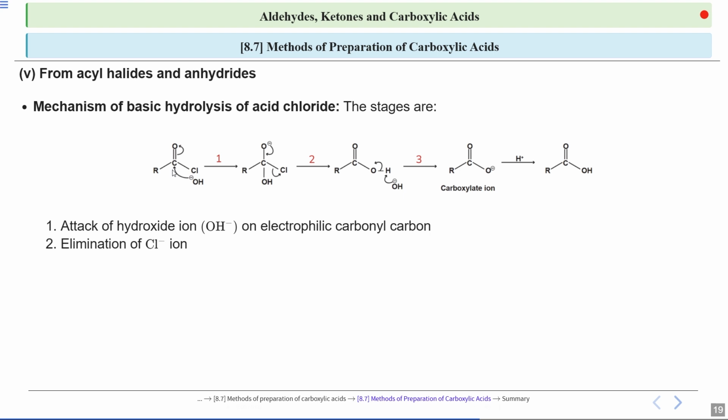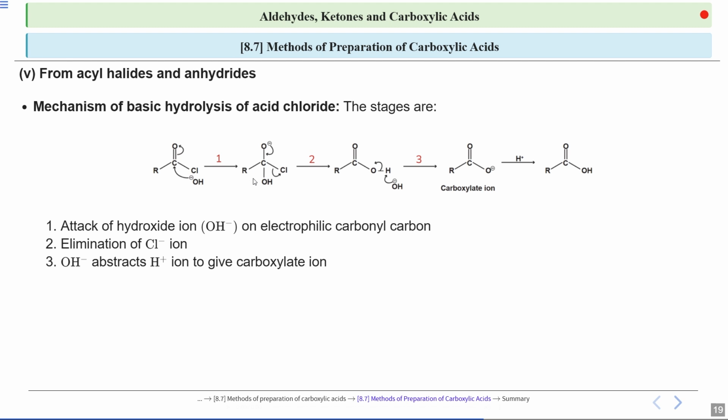Now, next step, we see the elimination of the chloride ion. This occurs after the hydroxide ion has attacked the carbonyl carbon and formed this tetrahedral intermediate. Now, the chloride ion, which is a good leaving group, is expelled, which helps to stabilize this intermediate.